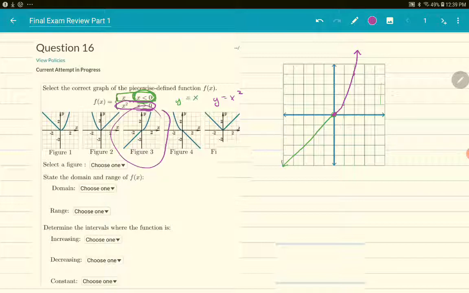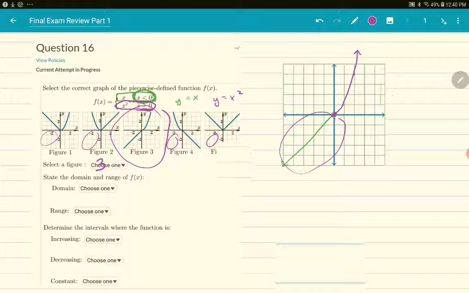In fact, I can tell it's figure 3 just by doing the first piece, because that green line isn't anywhere else except in figure 3. So you'll click choose one and choose the 3.